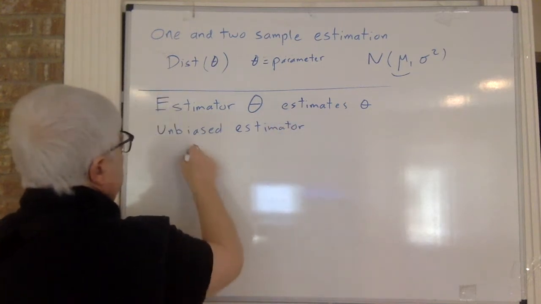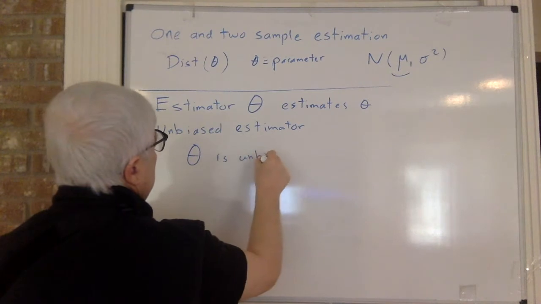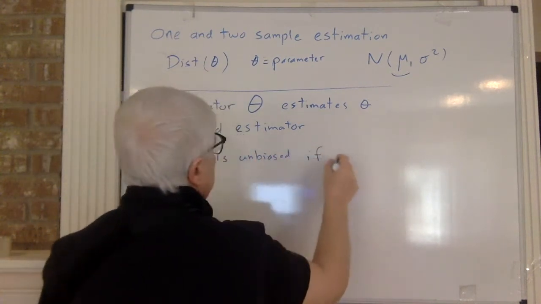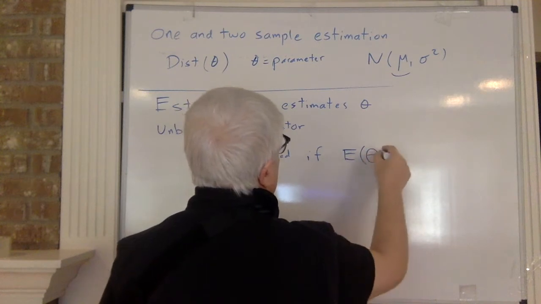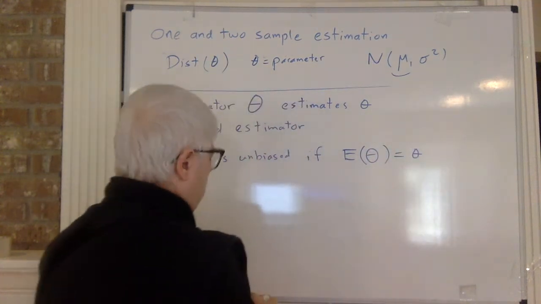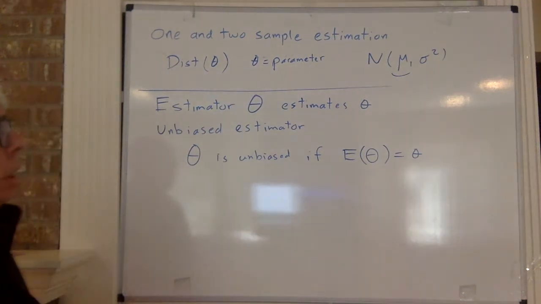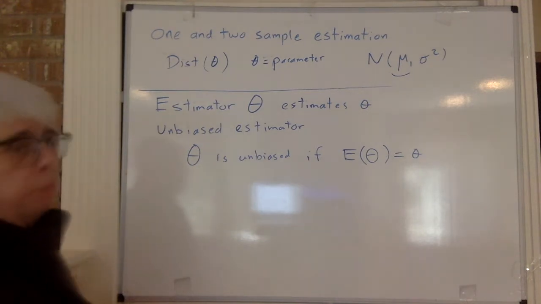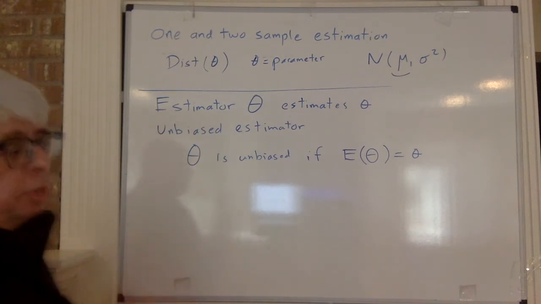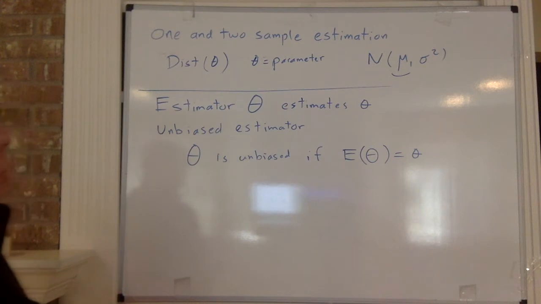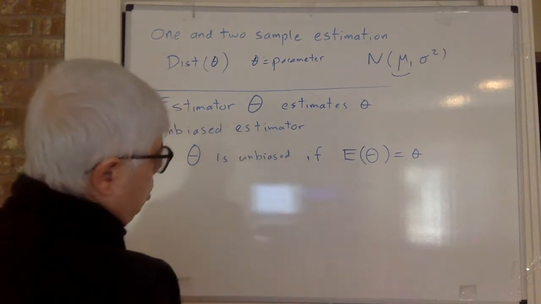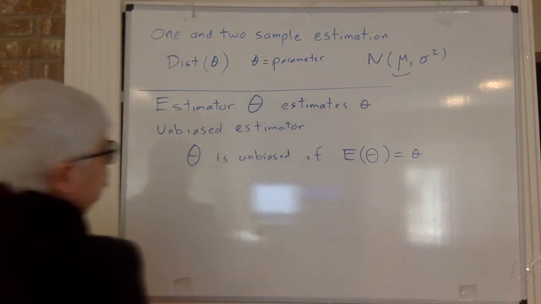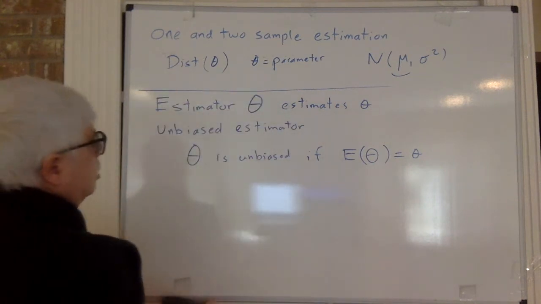So we say theta is unbiased if the expected value of this equals theta. Okay, so in fact, in the previous chapter, we found estimators. We found the distribution for those estimators. And so let's write down the two basic estimators that we used for normal distribution, and see if they are biased or they are unbiased, in fact.